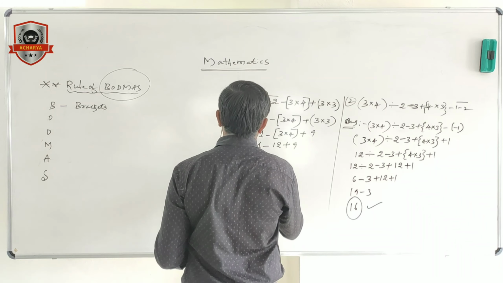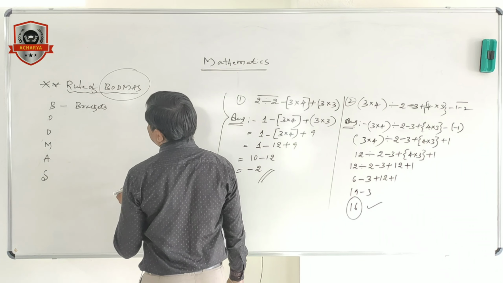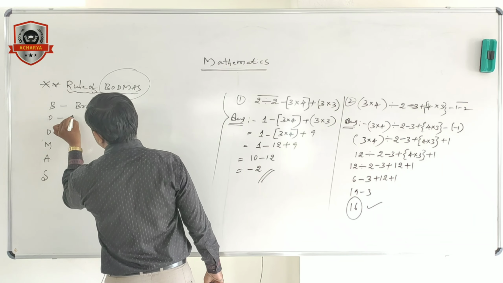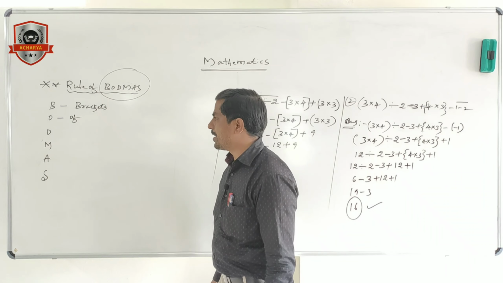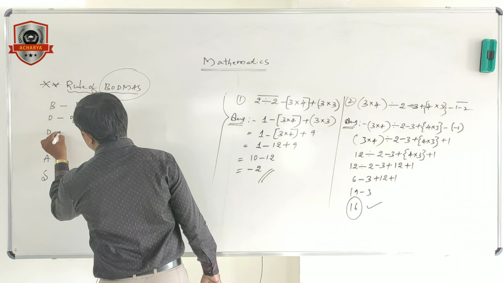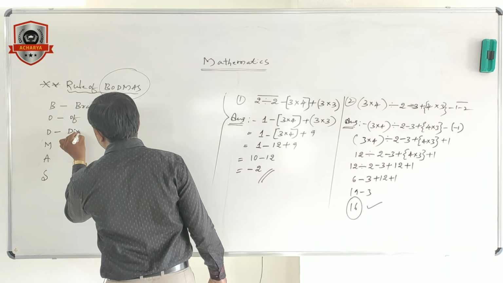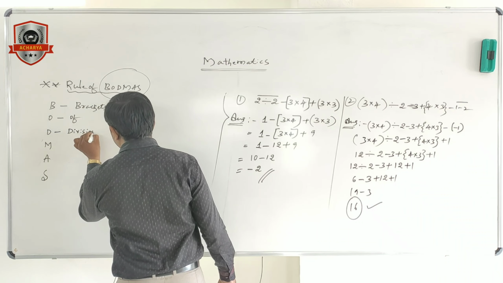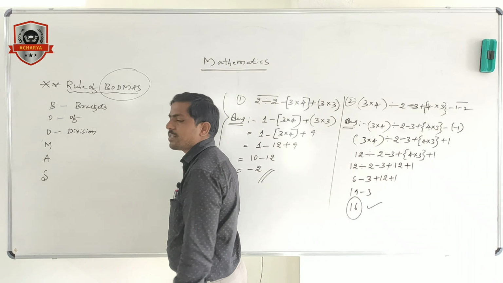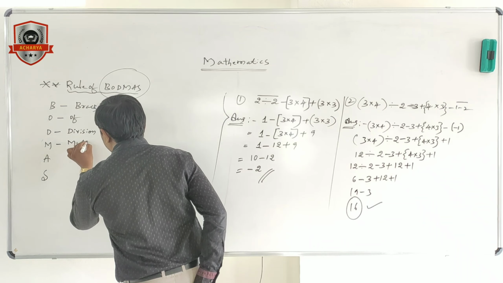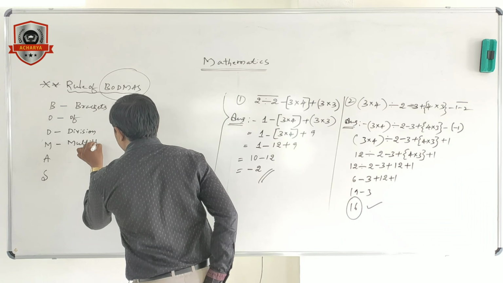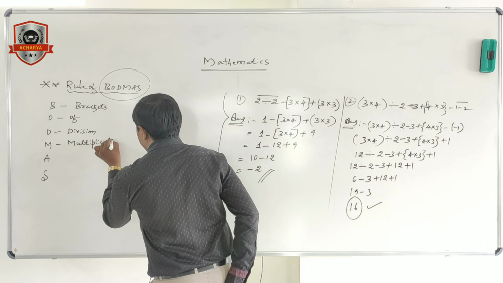Just now we have discussed the brackets. Then O means of. B is a bracket, O is of, D is division. M is multiplication.